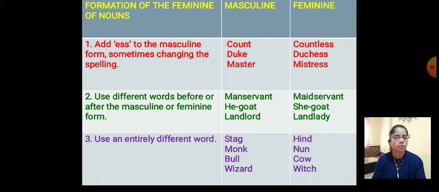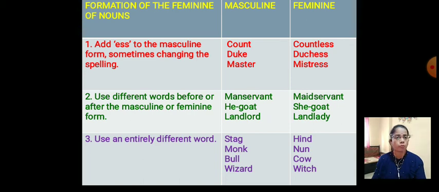For example, count, countess; duck, duckess; master, mistress. Second one, use different words before or after the masculine or feminine form.